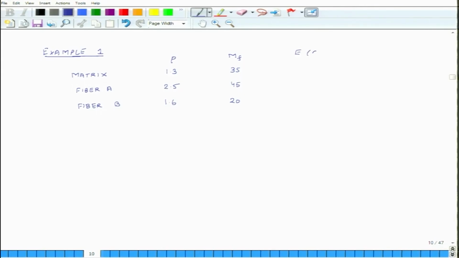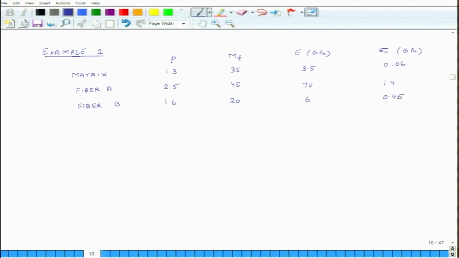So, this is given in GPa. Young's modulus for matrix is 3.5 GPa, for fiber A is 70 GPa and fiber B is 6 GPa. And finally, the strength of each of the materials, and this is also given in GPa, is 0.06, 1.4 and 0.45.